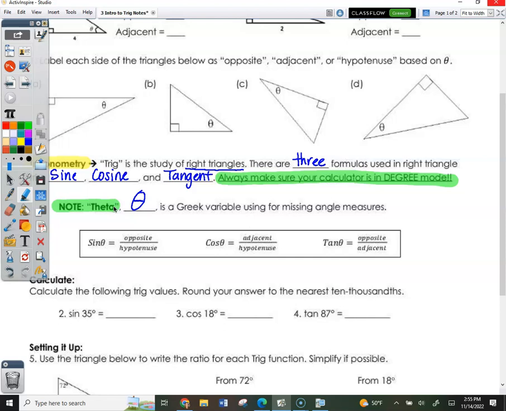We are leveling up to higher level math. You are no longer going to have an X inside the triangle. It's going to be theta. Yay. It has no numerical value. It is a fancy X, which stands for a missing angle measure. It's when you don't know an angle measure, instead of putting an X, you're going to see a theta.